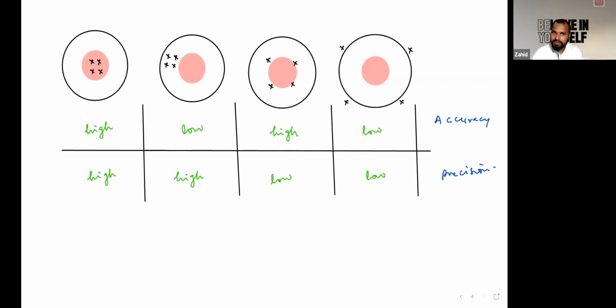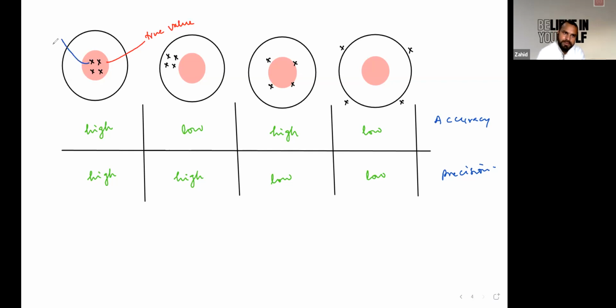Accuracy defines the closeness of experimental value with the true value. So in this whole part, I have assumed this center as the true value, and this cross mark as experimental value related to that measurement.